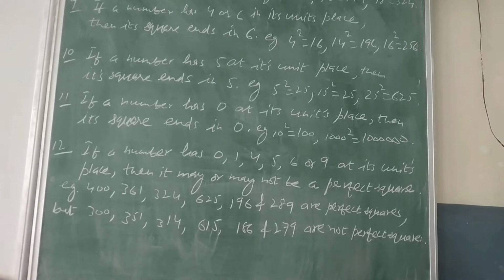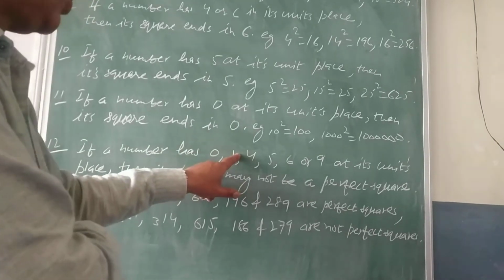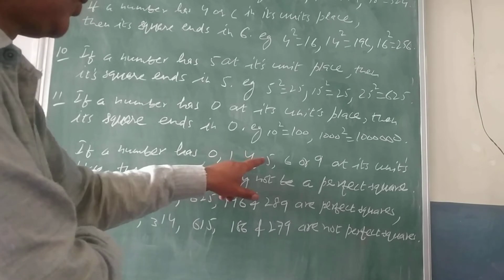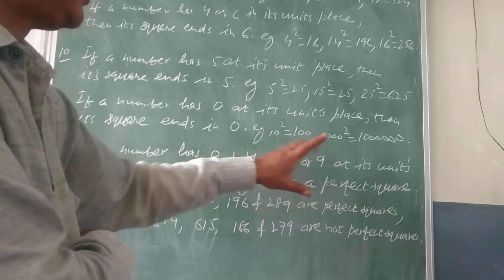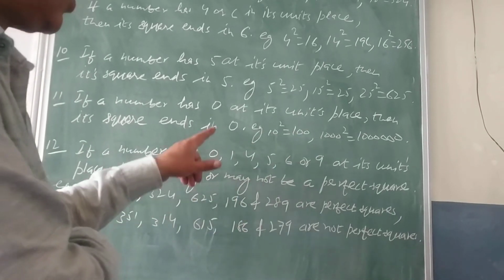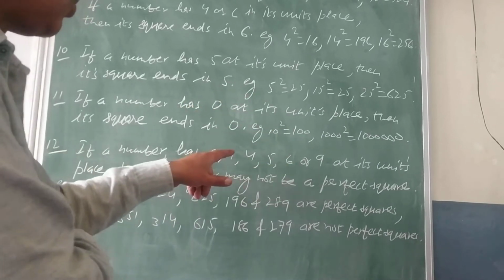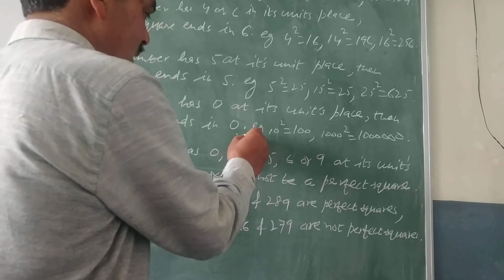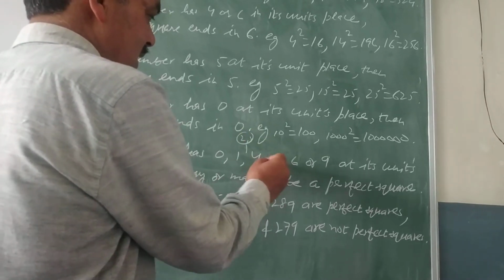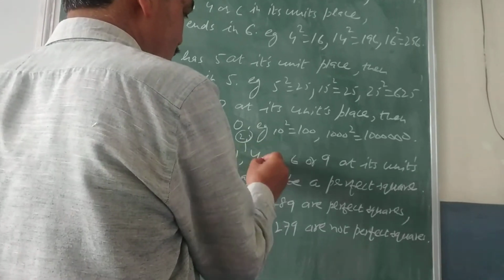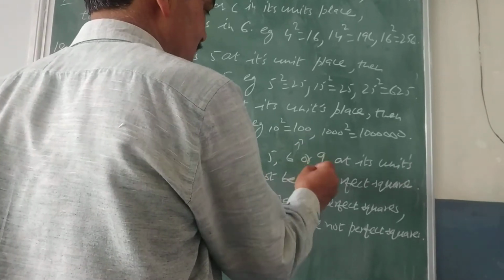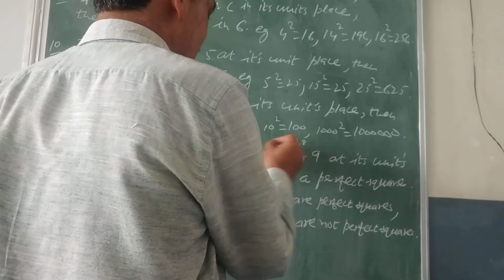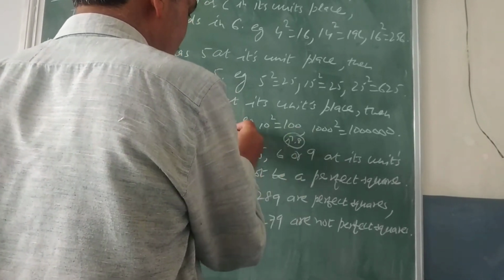Now you complete that. 2 is not there, 3 is not there, 1, 2, 3, 4, 5, 6 is there, 7 and 8 is not there, 0 is 10. So from 1 to 10, I am not getting 2, 3, 7, or 8.